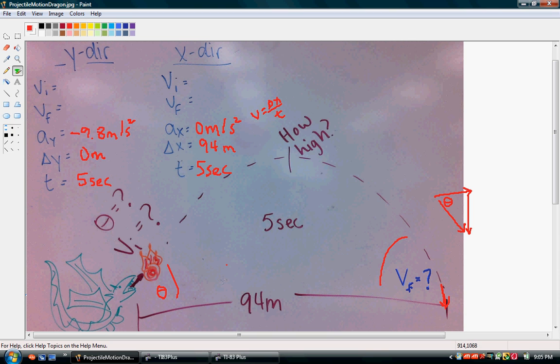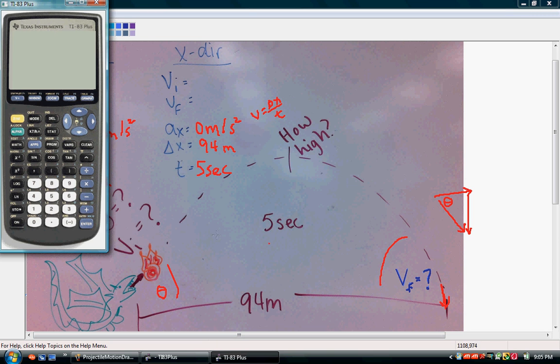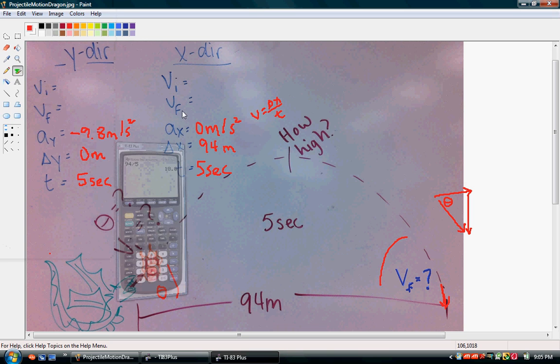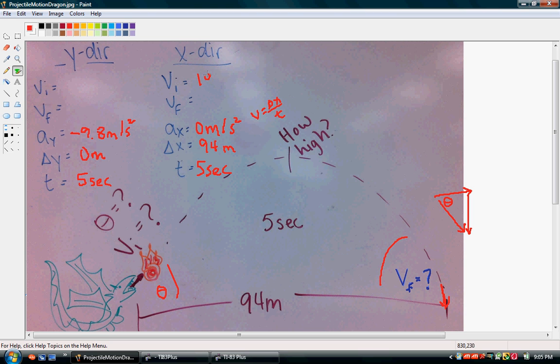Okay, so 94 divided by 5 seconds. And we get 18.8 meters per second. So 18.8 meters per second is our initial velocity as well as our final velocity in the x direction.